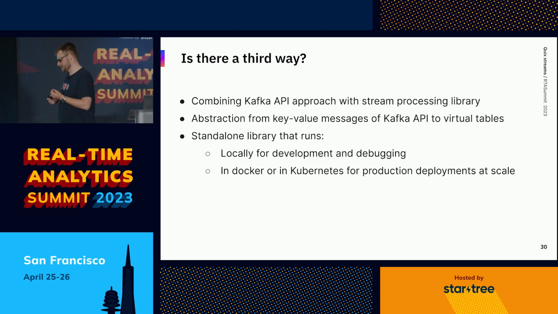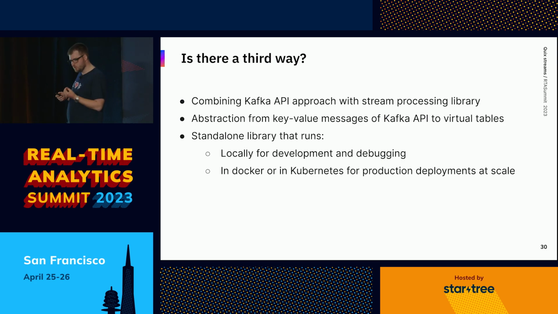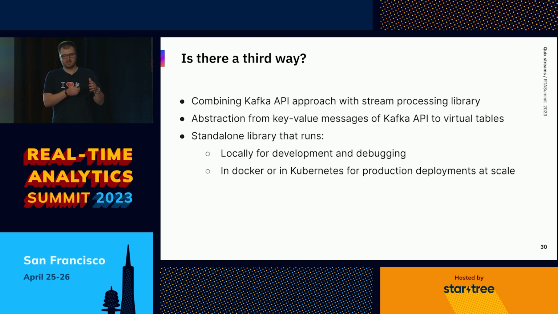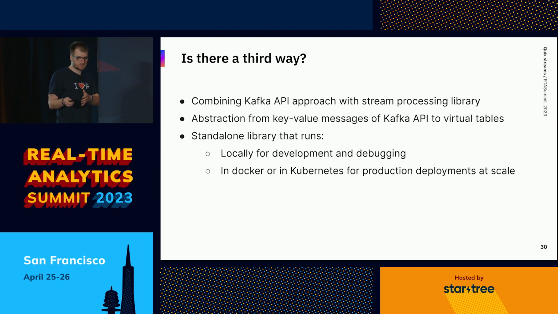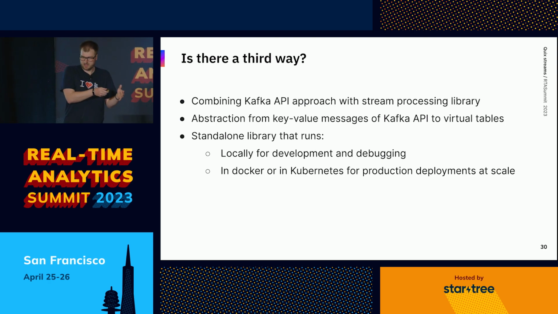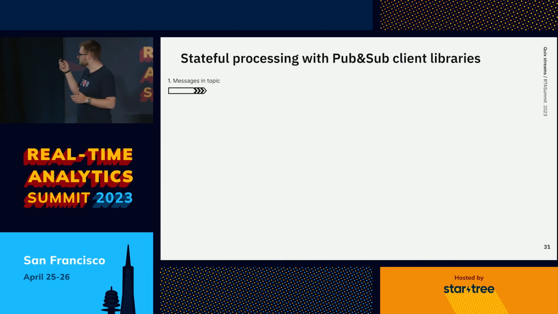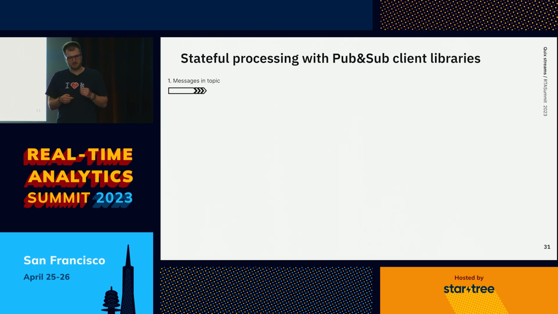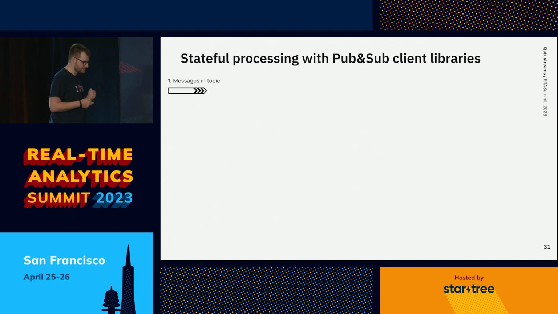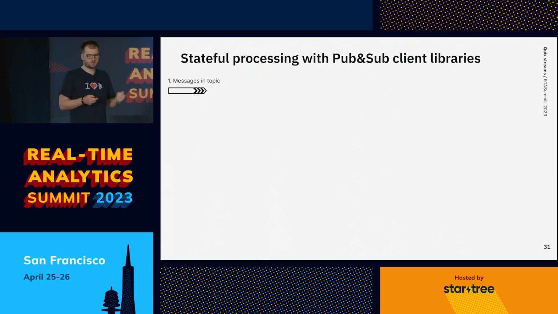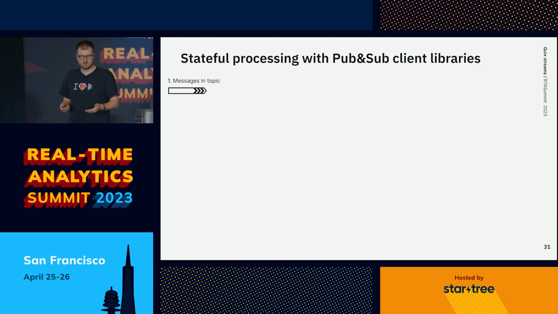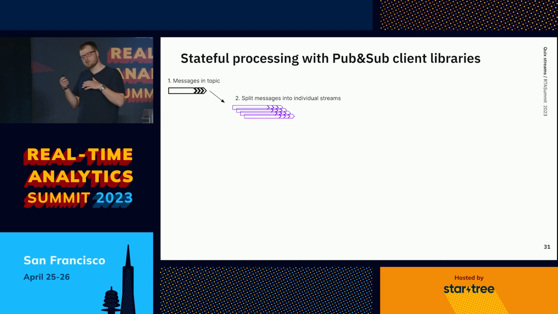So we have combined the simplicity and lightweight elegance of a client library with features of Flink and Spark Streaming in a Python package. Let's go to a simple explanation of what we have done. If you would use just a client library, like let's say the Confluent Python library, and you would read data from a topic, and you want to do a stateful operation, what you have to build is, first of all, some concept of streams.